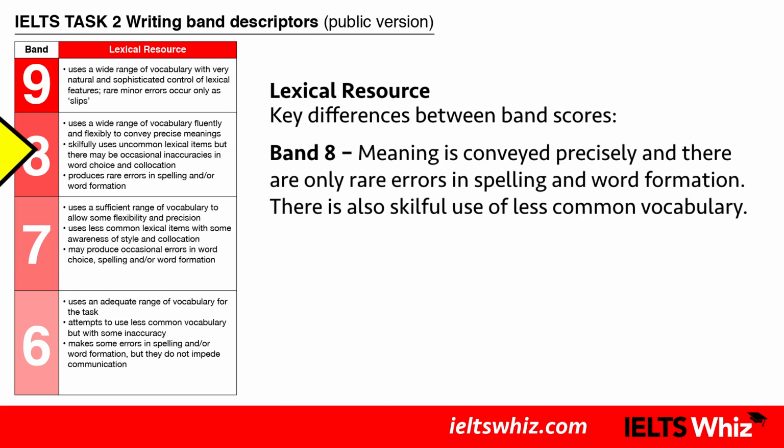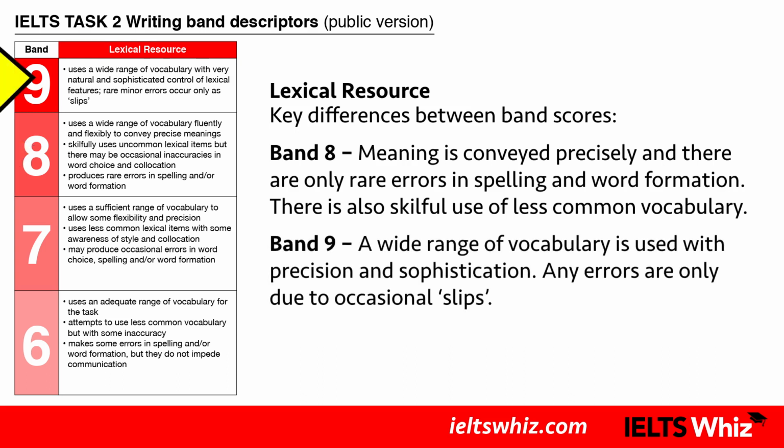For Band 8, meaning is conveyed precisely, and there are only rare errors in spelling and word formation. There is also skillful use of less common vocabulary. For Band 9, a wide range of vocabulary is used with precision and sophistication. Any errors are only due to occasional slips.